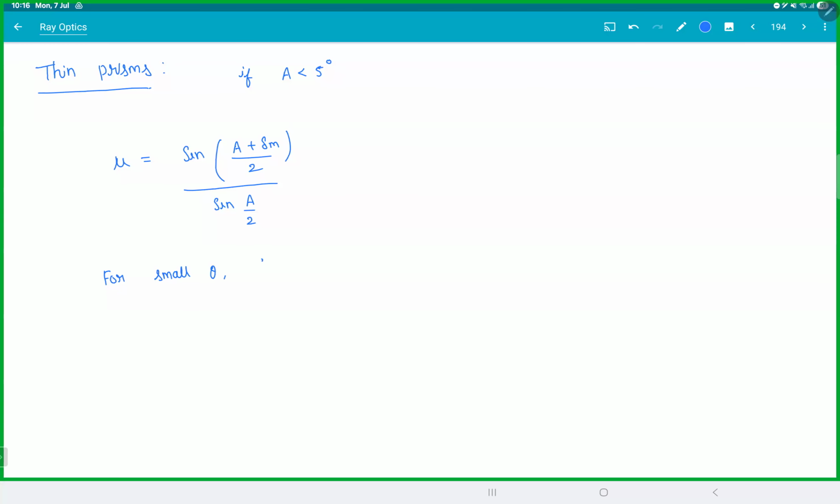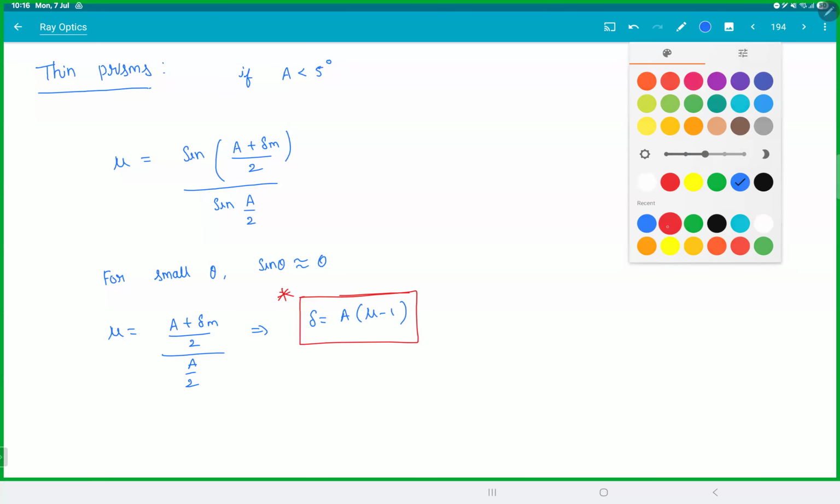For small theta, sine theta becomes approximately theta. So we get deviation delta is A into (mu minus 1). There. That's the deviation for thin prisms. Angle should be less than 5 degrees.